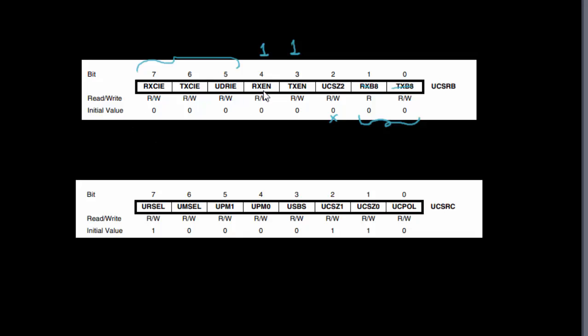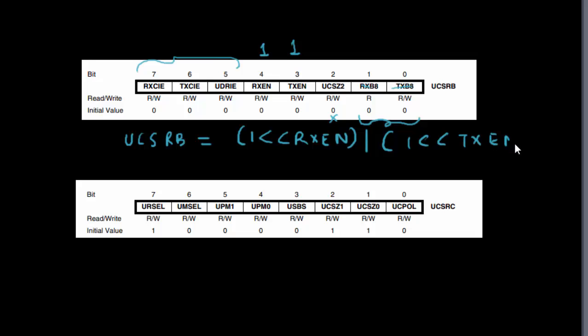So we should set RXEN and TXEN. It should look something like this: UCSRB equals 1 shifted by RXEN, which enables the receiver, OR with 1 shifted by TXEN, which enables the transmitter.